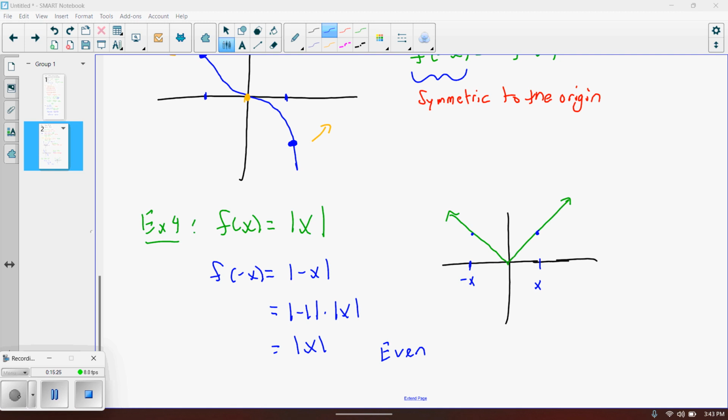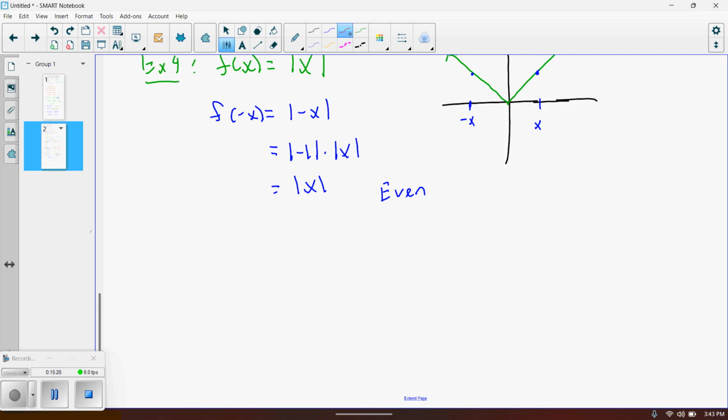All right, let's see if we can figure one out here for a root function. Oops, that should be example 5. Let's let f of x equal the square root of x minus 2. All right.